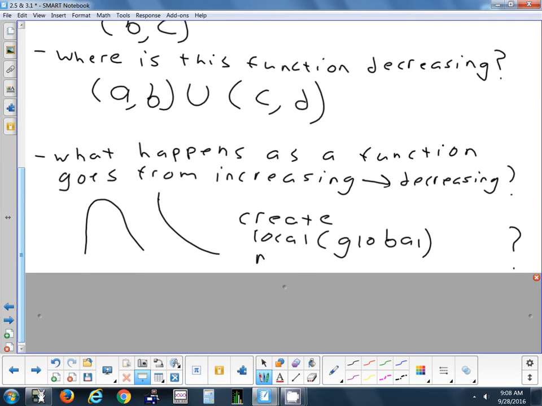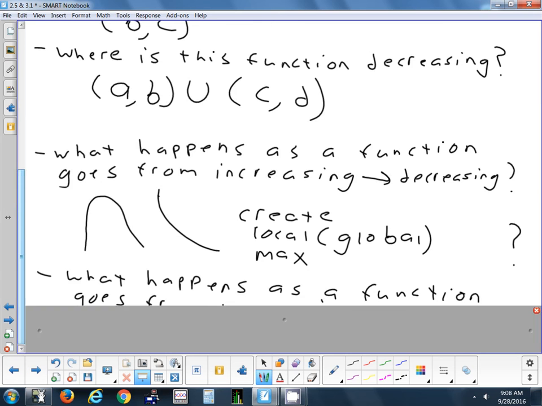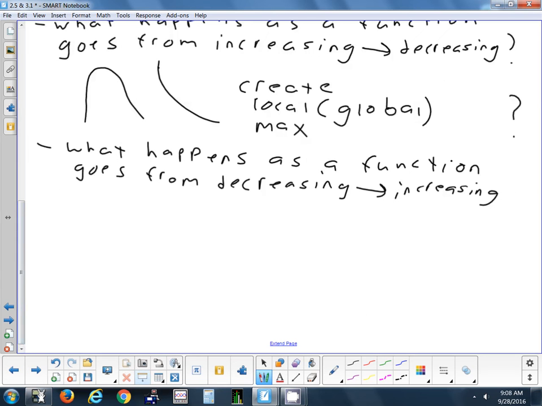Could be global max. How about if you have a function that goes from decreasing to increasing? Right in there, what did you just create there? Yeah. So anytime you go from decreasing to increasing on a connected polynomial, you just created at least a local minimum, maybe even a global minimum.